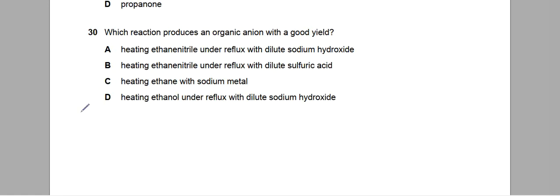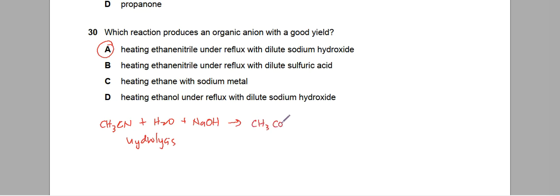The answer is A. Because ethane nitrile, CH3CN, plus water, so this is a hydrolysis reaction, and sodium hydroxide, so basically it will form something like this, CH3COO negative, and then sodium plus, and ammonia. So this is the organic anion form here.